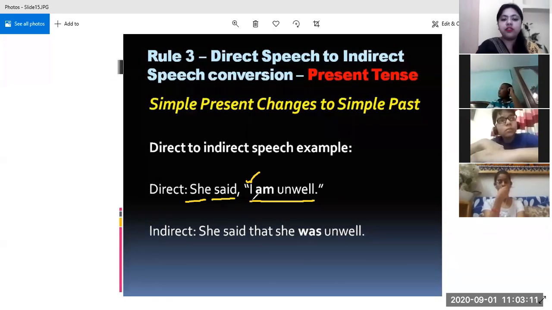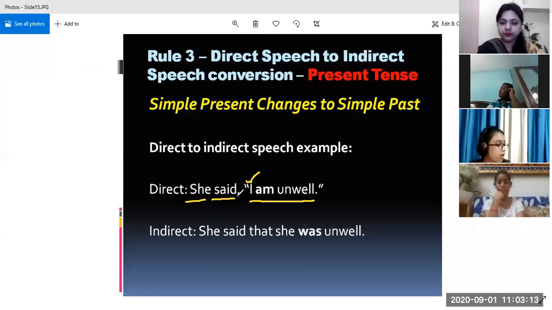Now we will first of all remove the comma, and we will place a that when we are changing into indirect speech. She will come in place of she only, said will come in place of said, and in place of the comma we have written that. So she said that.